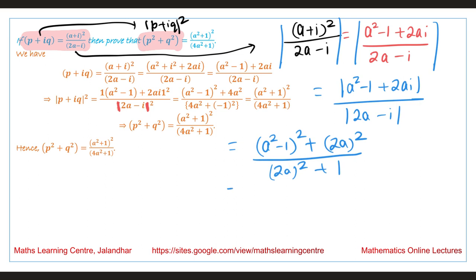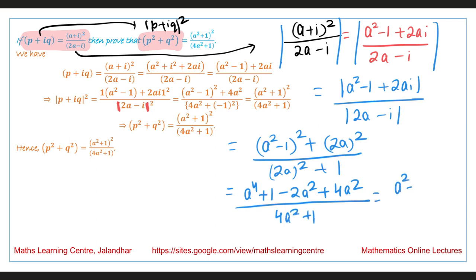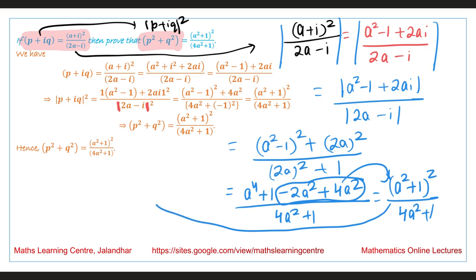On solving this, we obtain a raised to the power 4 plus 1 minus 2a square plus 4a square divided by 4a square plus 1. So this is equal to a square plus 1 whole square divided by 4a square plus 1. This term will become plus 2a square, and this is the result that we have to prove when we are taking the mod.